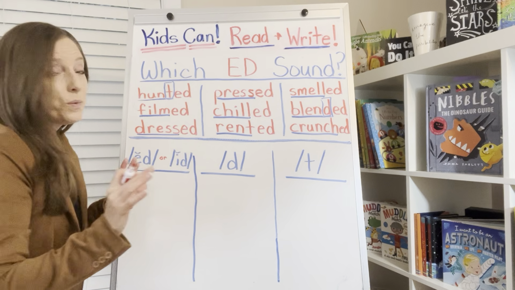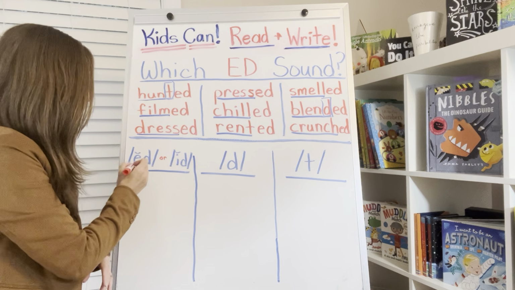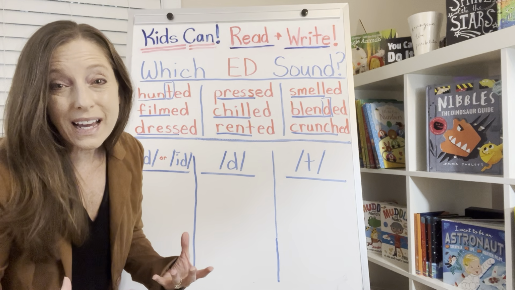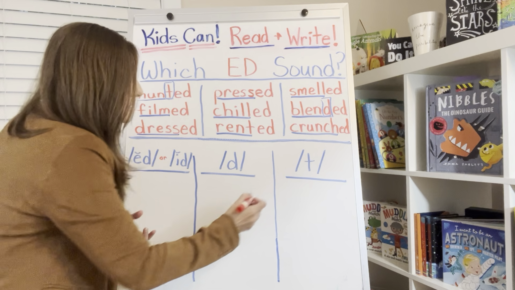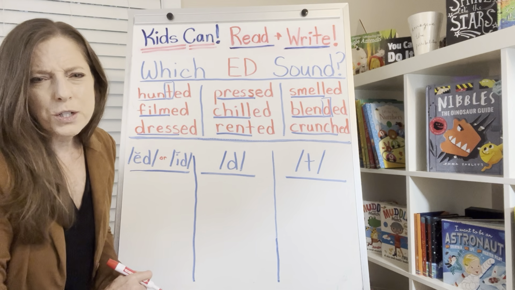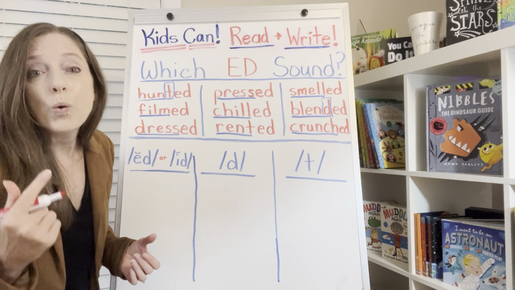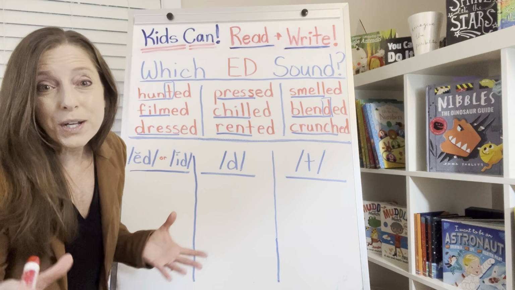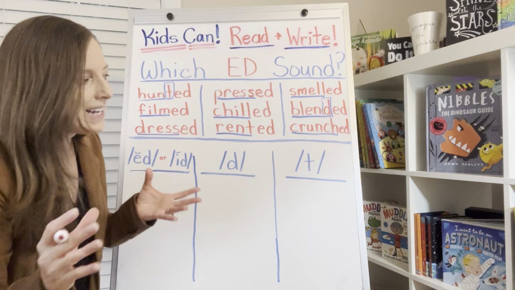So what does ed really say? Duh, or it can say, you know, ed or id. But when we say things quickly, sometimes ed will end up sounding like a t. And that's why when you're spelling and you hear tuh or duh at the end of a word you can do, you want to remember to put that ed ending, okay?